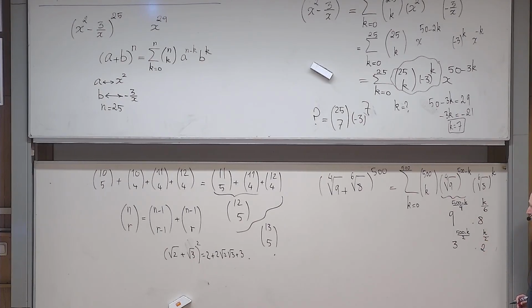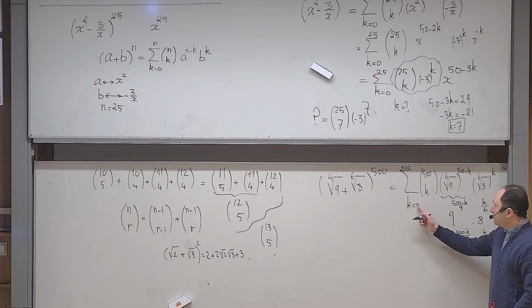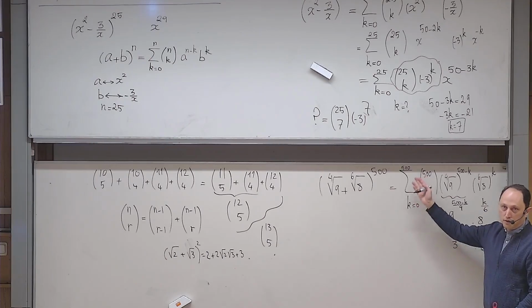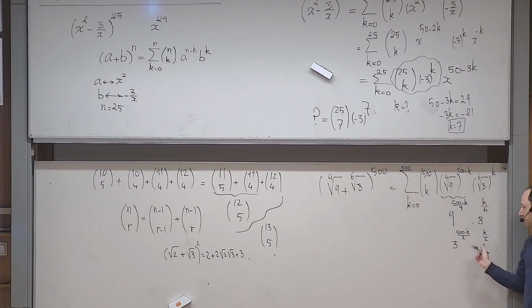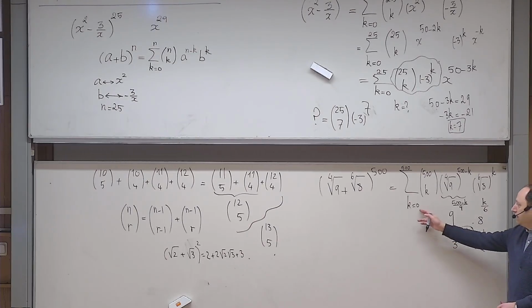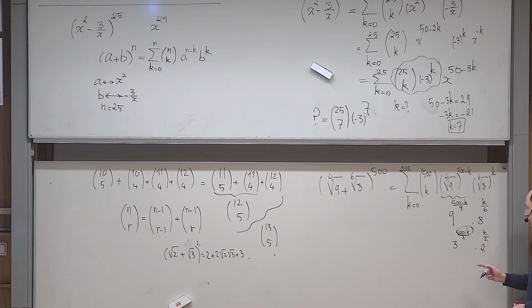This means that I have to see for how many of these k's from 0 to 500, both of them work, so this should be even, because if this is even, I will get rid of this 2 and I will have an integer coefficient. I want simultaneously k to be also even. So my goal is to see for how many k values k is even, which allows me to get rid of the surd sign here, and simultaneously 500 minus k over 2 is also even, which will allow me to get rid of the surd sign here.